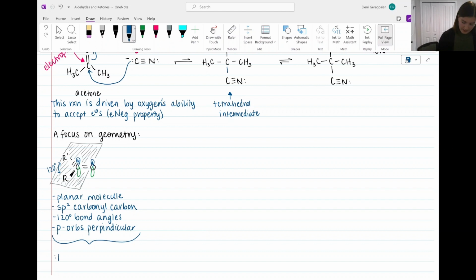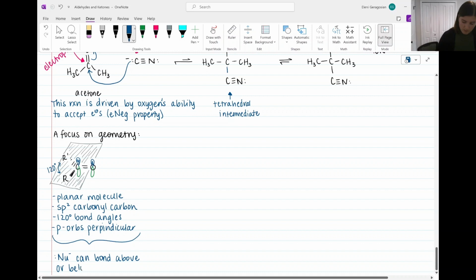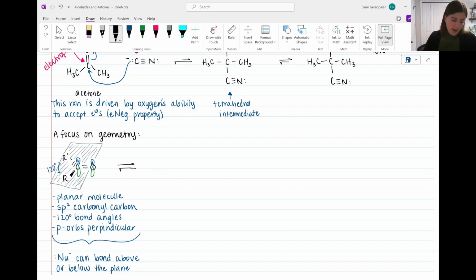So the nucleophile can bond above or below the plane. So now we'll draw two possible intermediates, one where the nucleophile adds above the plane and one where the nucleophile adds below.